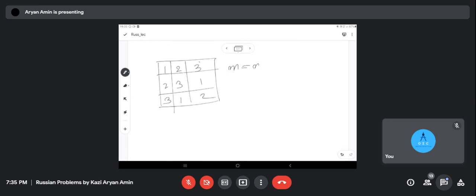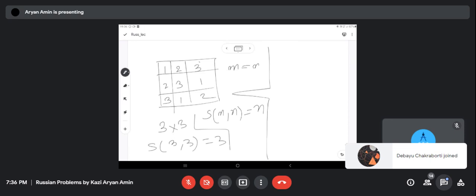This works for a 3 cross 3 board, right? Does anyone have any problem understanding this? So this means that s of 3 comma 3 is basically 3. So you can just guess that s of n comma n is probably just n.